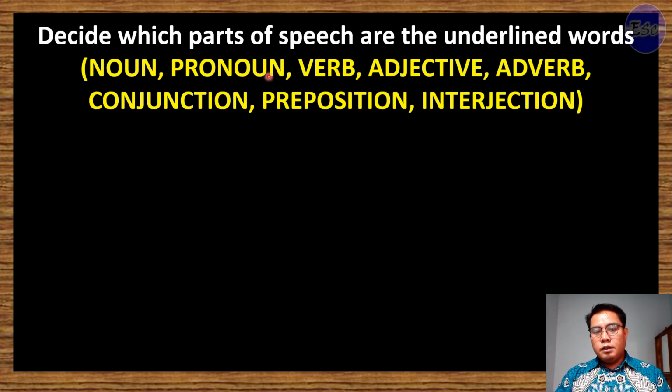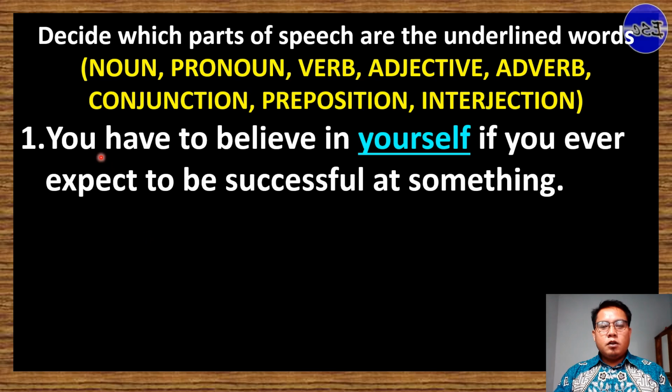This exercise will help you have a better comprehension. Decide which part of speech the underlined words are: noun, pronoun, verb, adjective, adverb, conjunction, preposition, or interjection. Don't worry, I will help you till the end of this exercise. Number 1. You have to believe in yourself if you ever expect to be successful at something.